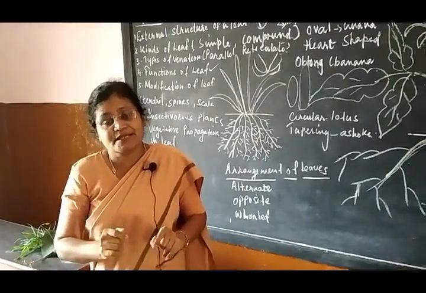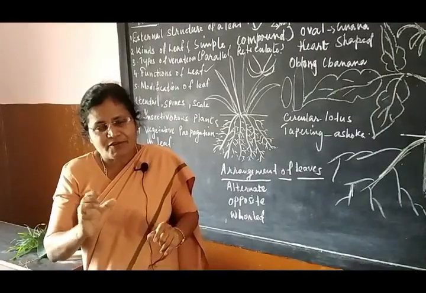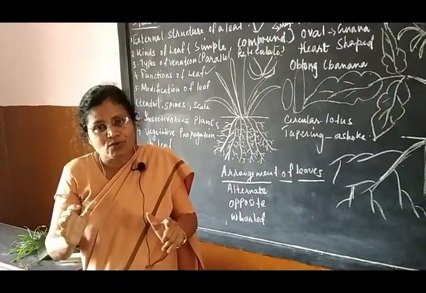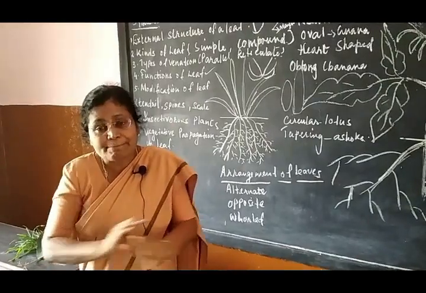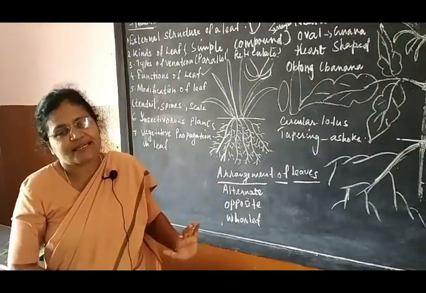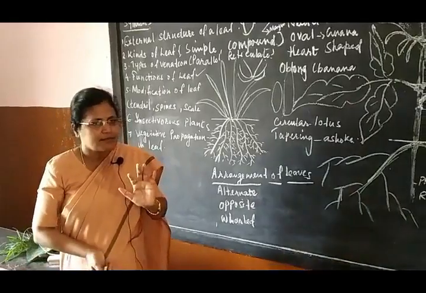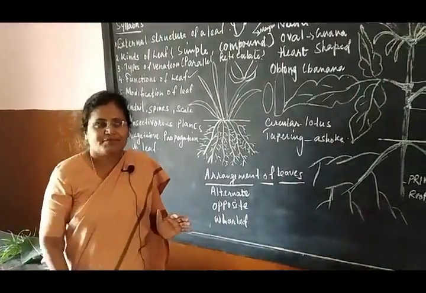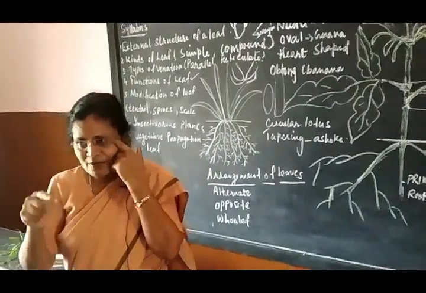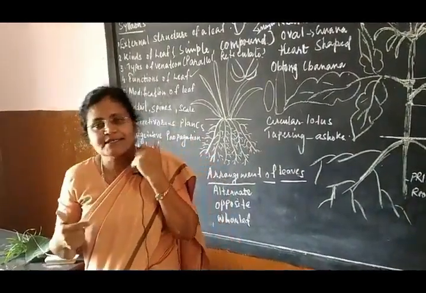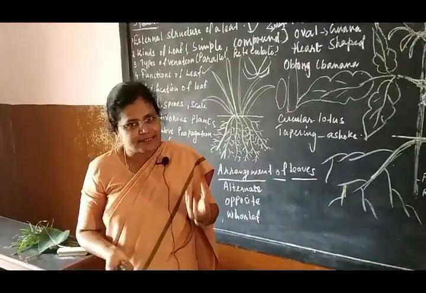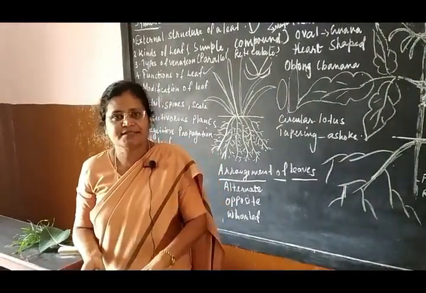It is endangered, meaning very few plants are available, so they have kept it in a protective zone so as not to lose it completely, because they are not present in other parts of the country. Similarly, you have another plant called Venus flytrap. They are not endemic, they are not present in India, they are present in other countries, who also trap insects and have them as their food.